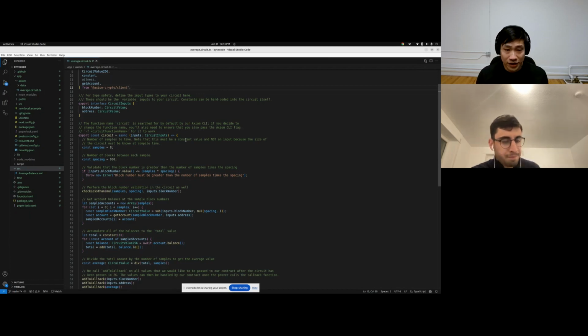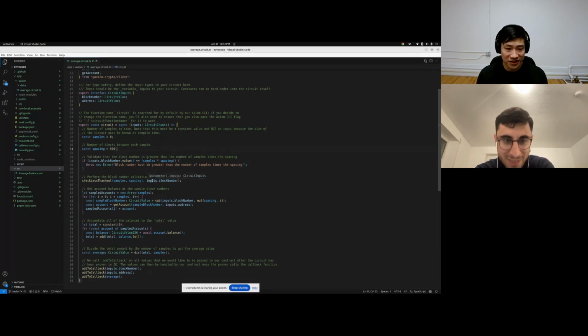So it's typically actually pretty hard to use, but in order to make it more accessible for developers, we made it so you can use Halo 2 using just TypeScript. And so we feel like this is a much more friendly interface for people to actually interface with circuits. It definitely is. If anyone has ever used it directly, they know what I'm talking about. Yeah, this looks really usable.